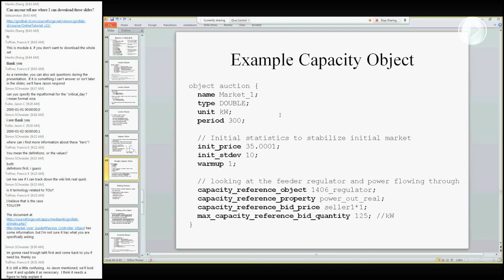So really this is saying, okay, out of this regulator, we would really like to limit the flow out of that regulator to 125 kilowatts. And here's the base price: as long as you don't go above 125 kilowatts, this is what you'll pay. If we start to push above 125 kilowatts, or the desire to go above 125 kilowatts comes along, then we're going to push the price up until we keep the limit at 125.